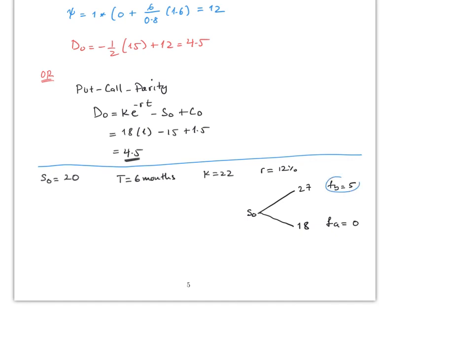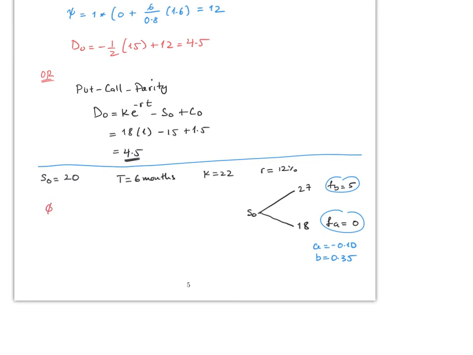Okay. Why? Well, the strike price is 22, so 27 minus 22 is positive 5. 18 minus 22 is negative, so you go with 0. And you should also check that the value for A is minus 0.10, and the value for B is 0.35.